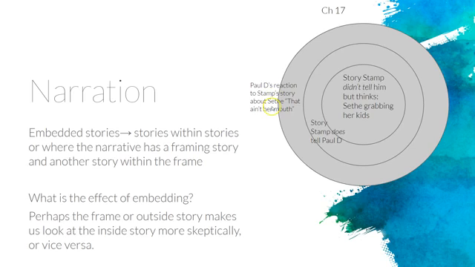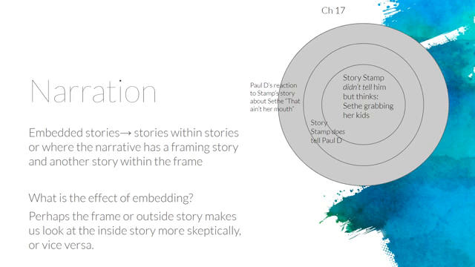It's Paul D's reaction to Stamp's story, which means that inside, another layer in, it's the story that Stamp tells Paul D with the clipping that he shows him and with what he tells Paul D about what he knows about Sethe. But then we have a further story that's even more inside, and this is the story that Stamp doesn't tell Paul D, but that we as readers get an opportunity to know and understand and listen to.